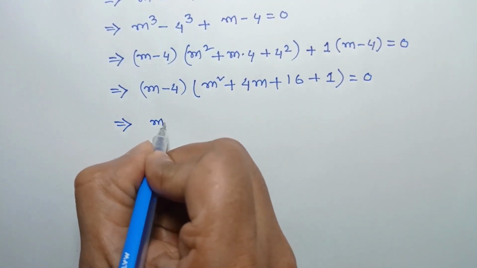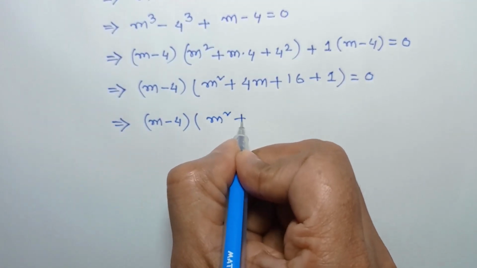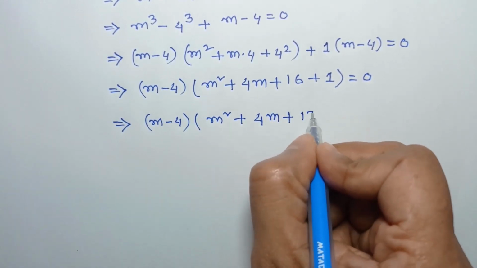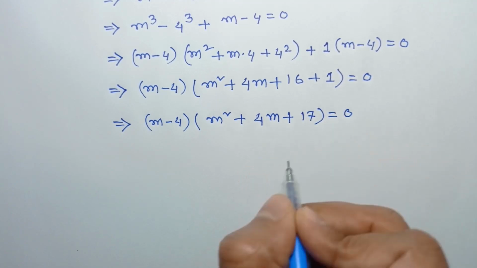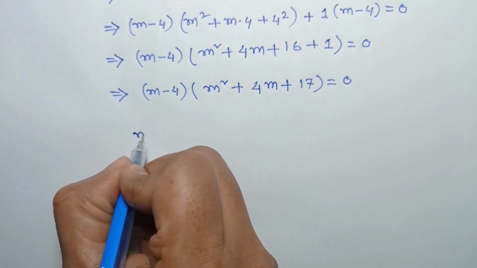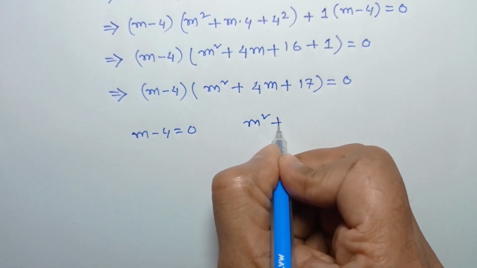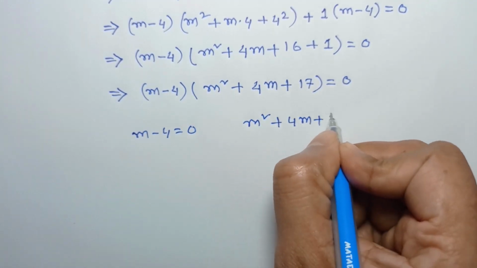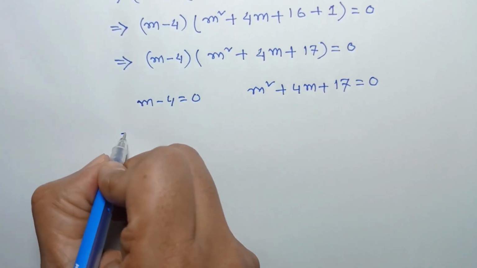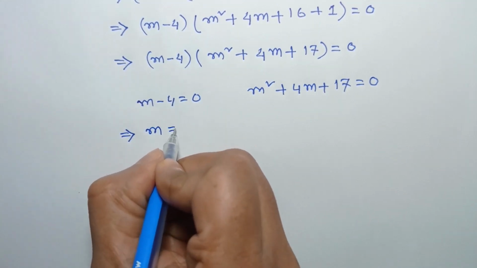Or m minus 4 times m square plus 4m plus 16 plus 1 is 17 is equal to 0. So we can write m minus 4 is 0, or m square plus 4m plus 17 is equal to 0. Or taking this 4 to the right side, we will have m is equal to 4.